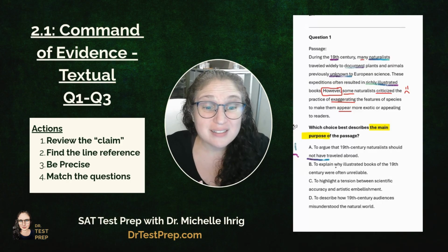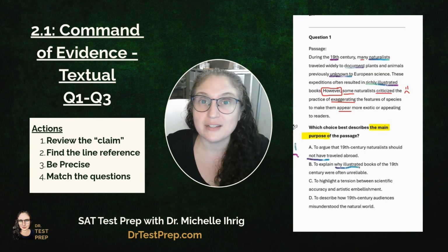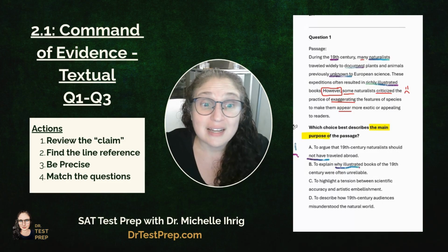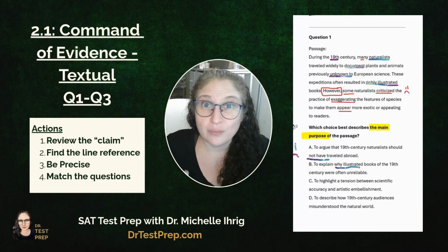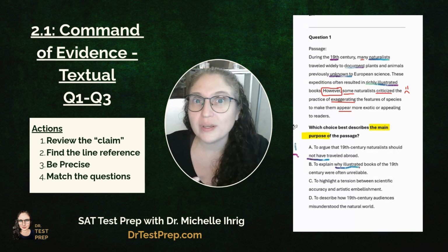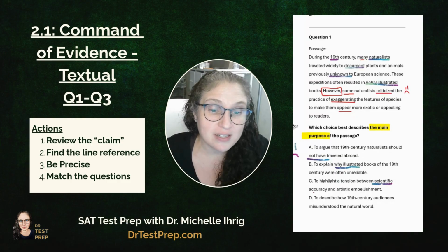Well, because it doesn't say scientific illustrated books, that's also not the right answer, because it could have been a children's story that was perfectly fine. The issue is that it was the scientific ones that were illustrated by the naturalists that could, not always, have exaggerations. To highlight a tension between scientific accuracy and artistic embellishment.